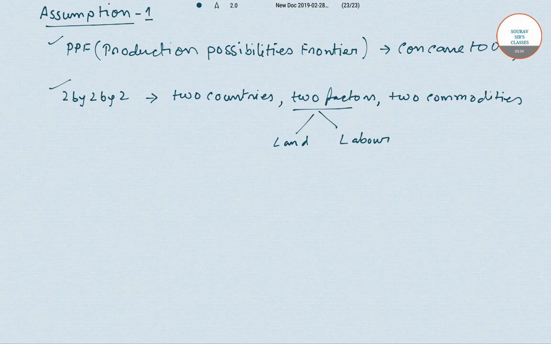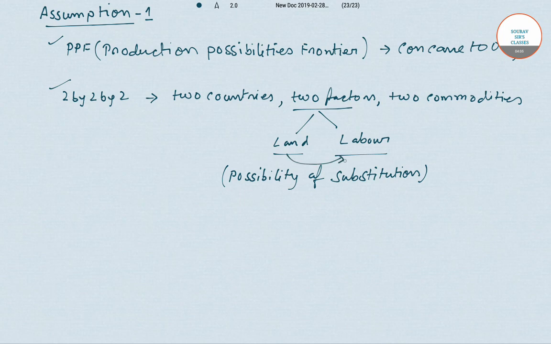So when we consider two factors of production, land and labor, we find that there is a possibility of substitution of land by labor or labor by land.